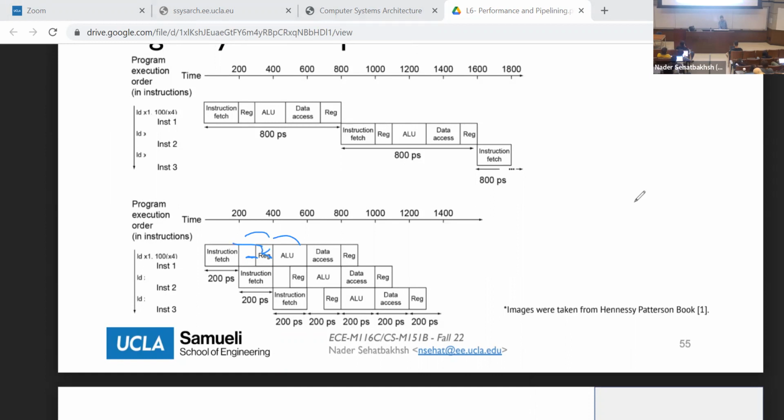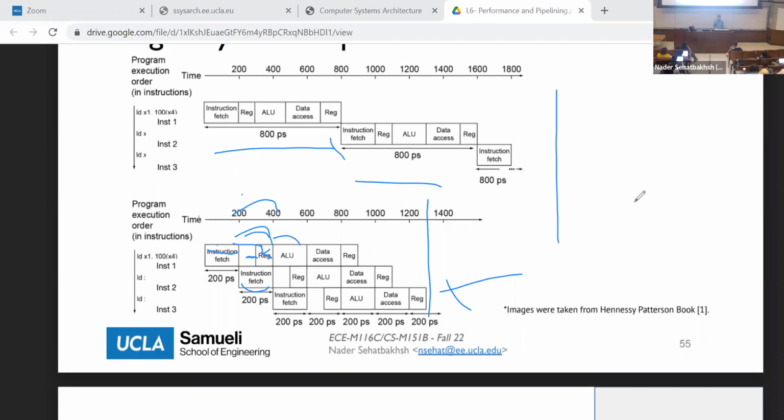But basically, for your pipelining, from 0 to 200 you do the fetch. From 200 to 400, you do the register read, and also you do the fetch. From 400 to 600, you do ALU, reg, and fetch, and so on and so forth, right? So this way, instead of doing everything serialized, you do things in parallel, and that's why you get much faster execution time for these instructions.